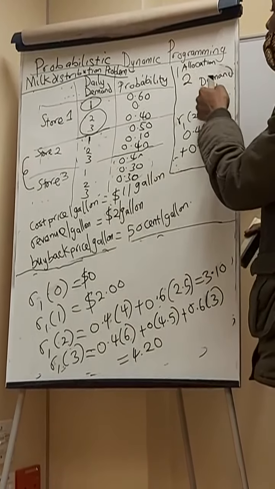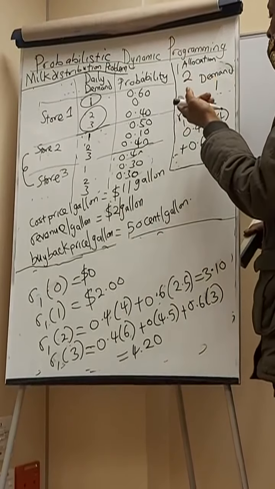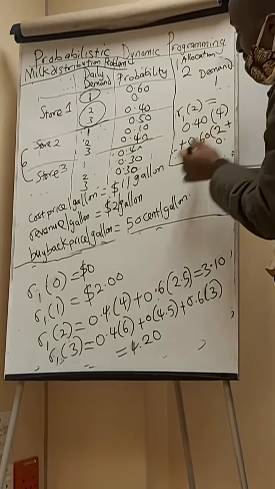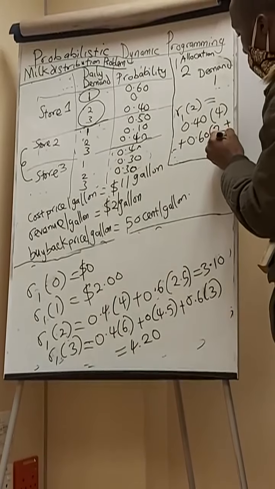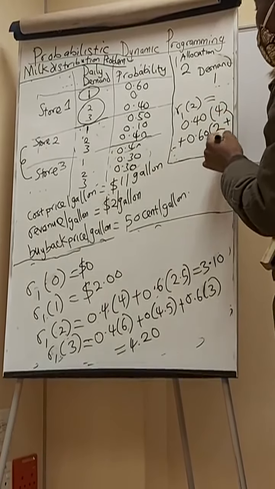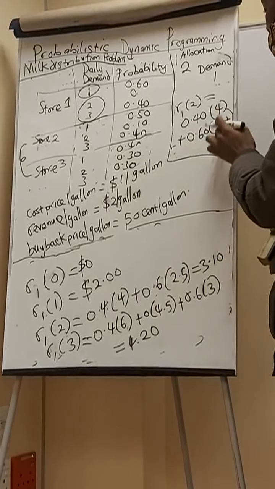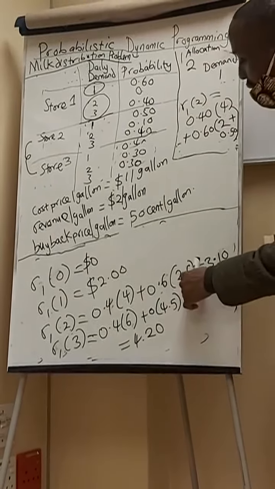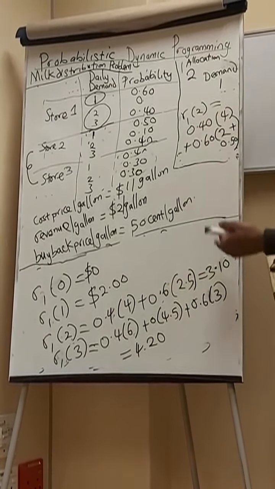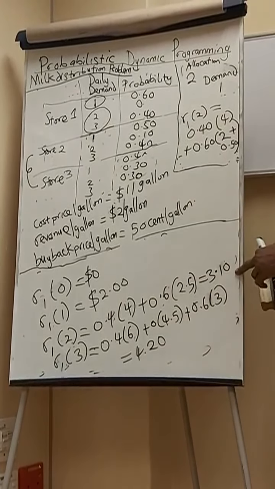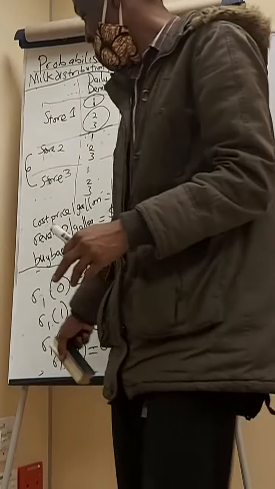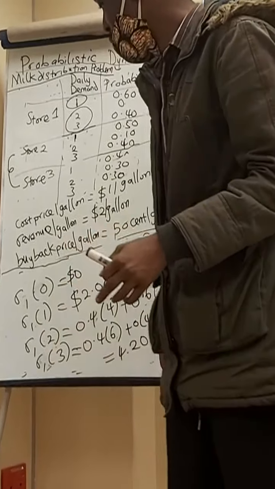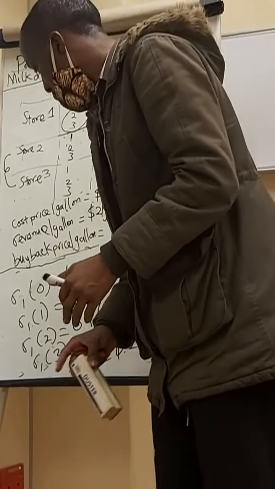Then the remaining 1, because you have allocated 2, you're going to sell back to the dairy at 50 cents, which is $0.5. So that's how you get 2 plus 0.5, which is 2.5, and that's how you get 0.6 times 2.5. That's how we got this expression. If you simplify it, that will give you 3.10, which is the expected revenue you are going to get if you have allocated 2 gallons of milk to store 1.